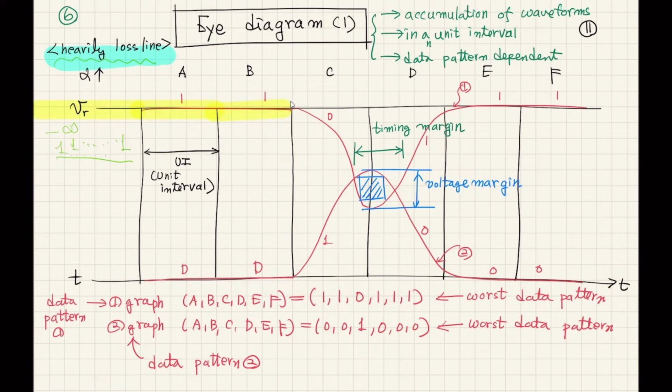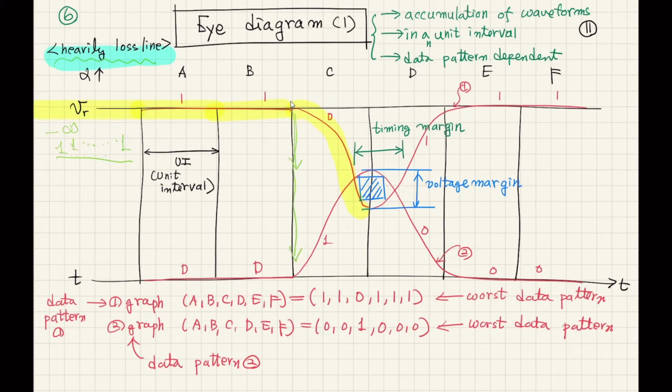Now at the third bit, I'm assuming that it is becoming 0. It has to come down. But because of loss, the voltage at this transition cannot suddenly change to 0.